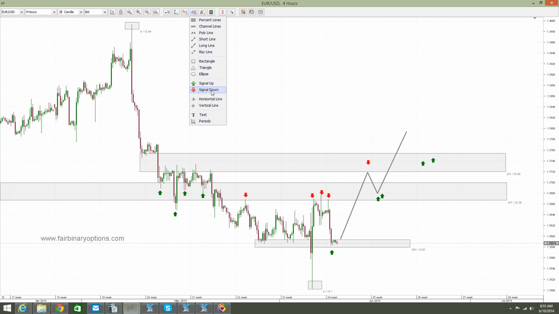Now, as you can see, market geometry doesn't necessarily mean counting waves with Elliott wave theory, or looking at complex structures, or triangles, or divergences, or indicators or stuff like that.